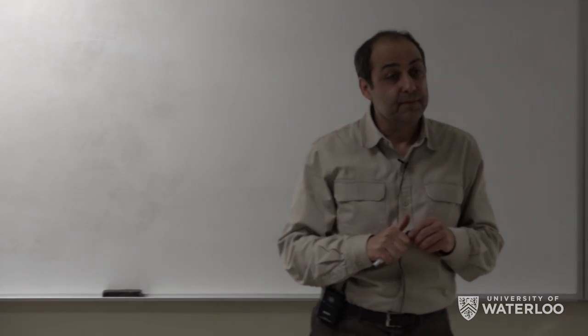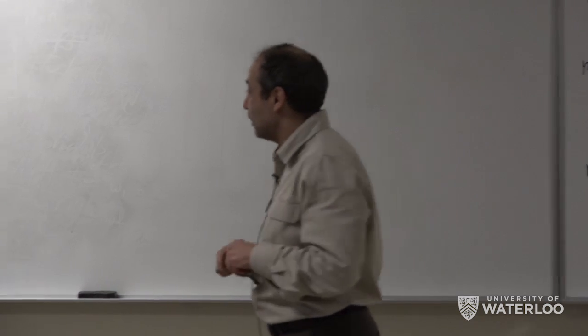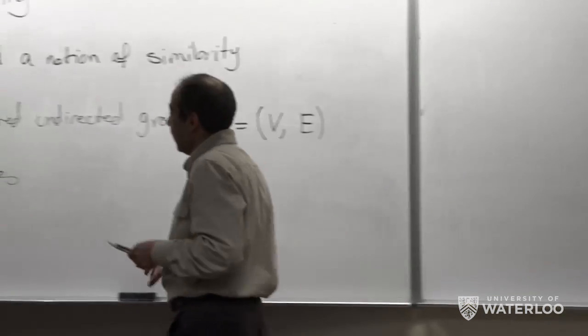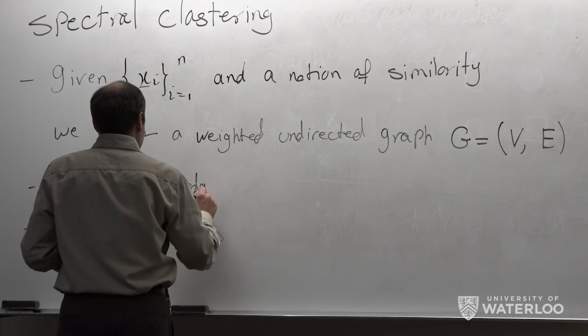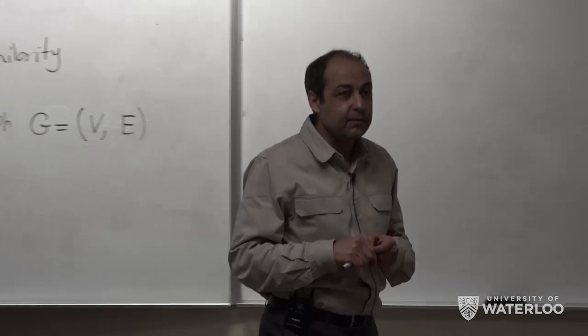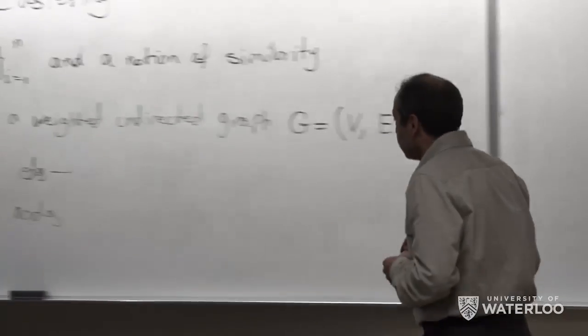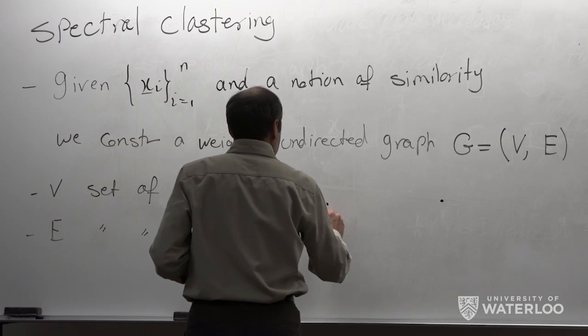Yes? You mean the set of edges? Yes, sorry, V is the set of edges and E is the set of nodes. Don't you mean the other way around? E is edges? No, these are nodes.